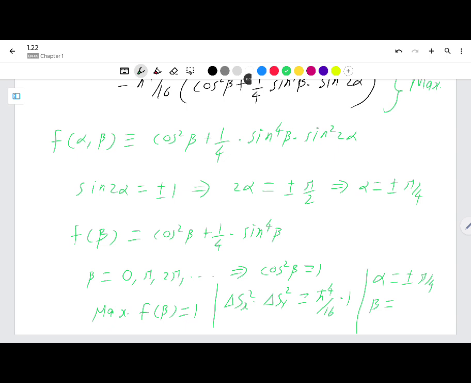So for these values, the uncertainty will be maximum.